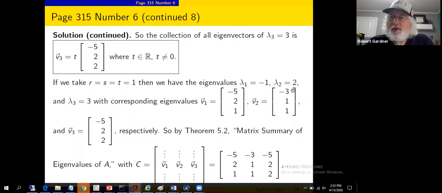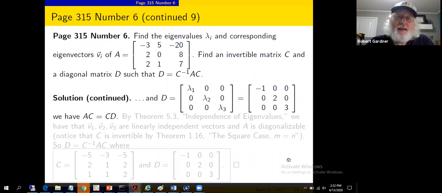The second one corresponded to eigenvalue 2, and so forth. Here's matrix C. We've also got to make matrix D. Matrix D will have lambda 1, lambda 2, lambda 3 along the diagonal. So this is where the order matters. So we get the -1, 2, 3 along the diagonal in matrix D.